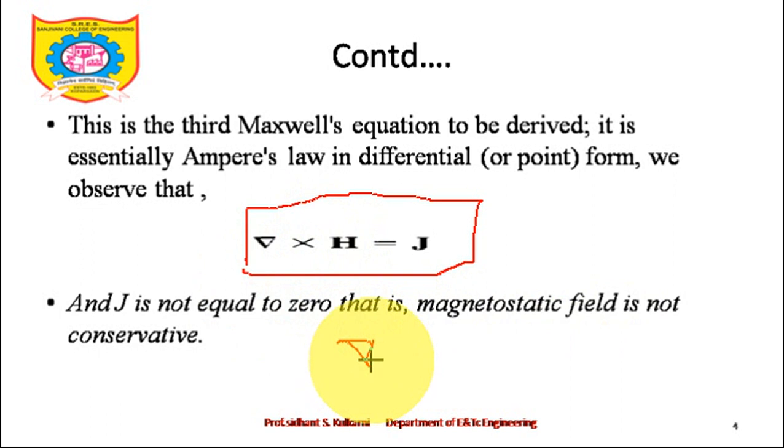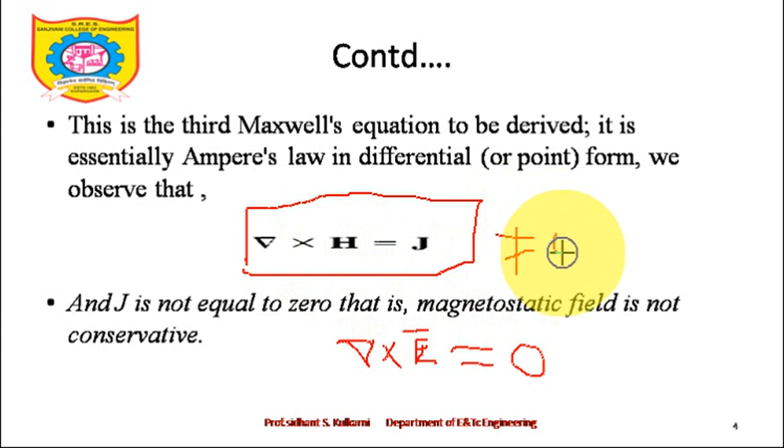When we went through the Gauss law and its expression, we understood that del cross E bar is equal to 0. Yes or no? As the curl is 0, E bar is irrotational. Since E bar is irrotational, it is conservative. It has a source point and a sink point. But now, if I consider del cross h bar, see, this is electric field intensity, this is magnetic field intensity. So del cross h bar is equal to j bar, which is not equal to 0.